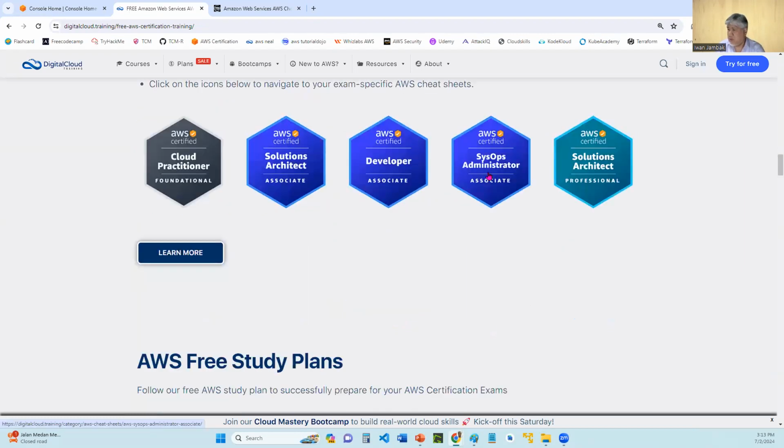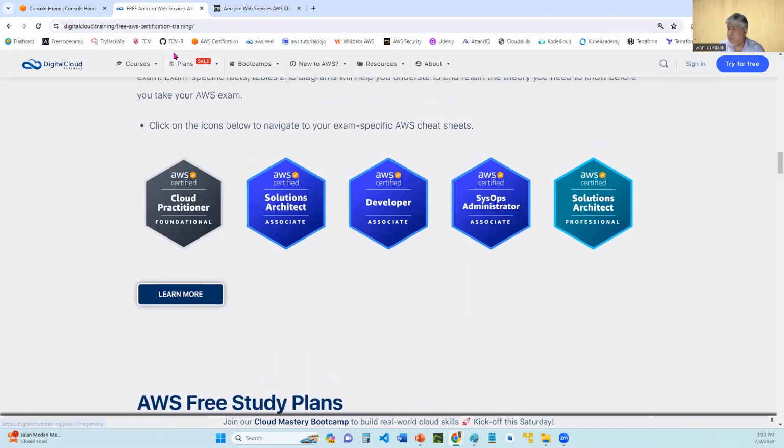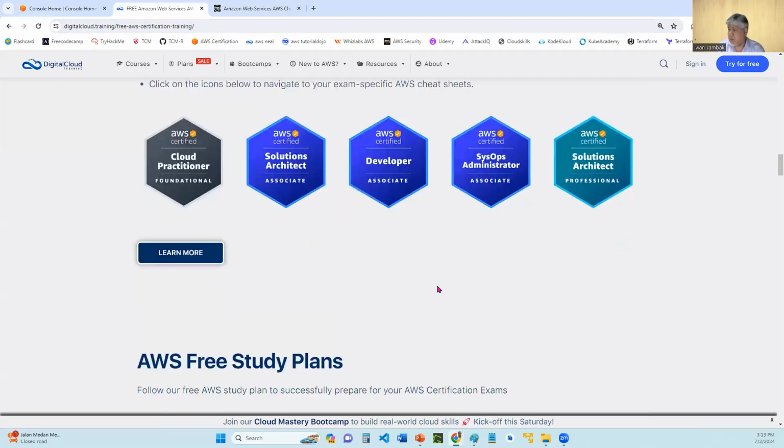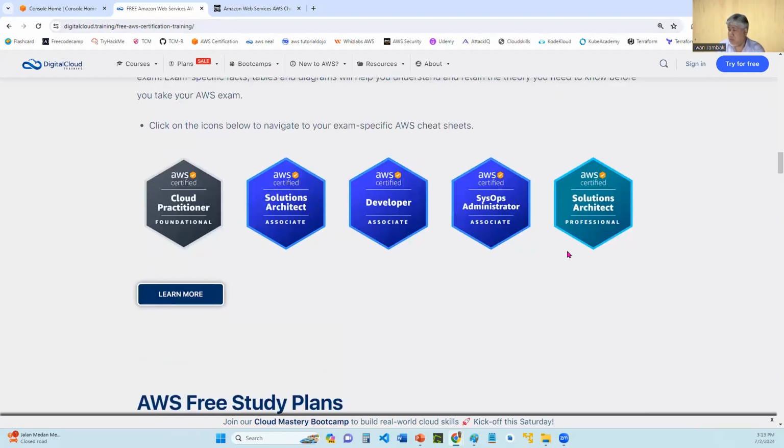The good thing about this Neil Davis is that it's already categorized by certification. So for Yusuf, Pak Adi, Pak Abdil, and others like Haidar, you can choose this one.